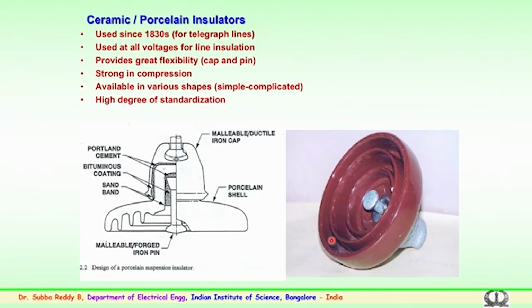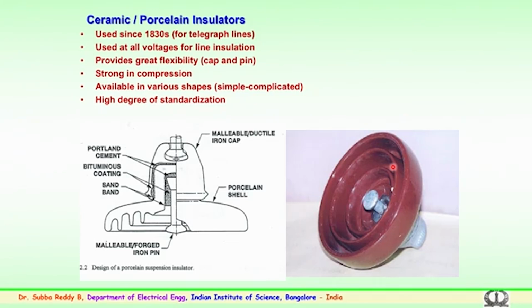They are available in various shapes. Again, the shape depends on the area where this insulator is being used, either for normal, that is clear, conditions, or polluted zones, or desert areas. So, depending upon the areas, the petticoats can be designed and the shapes can be made available.